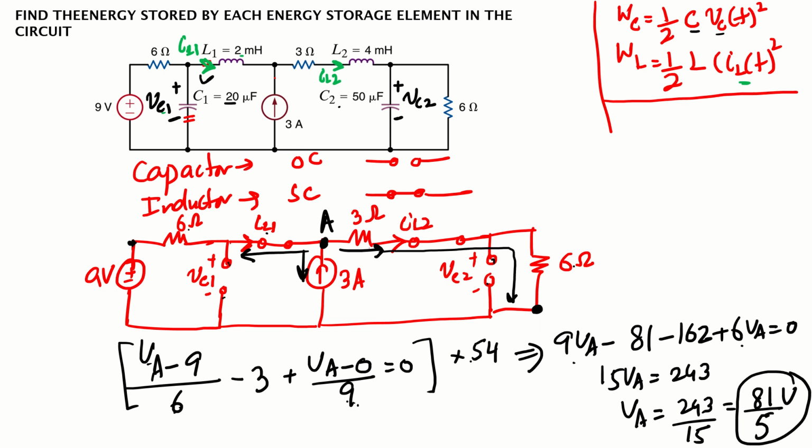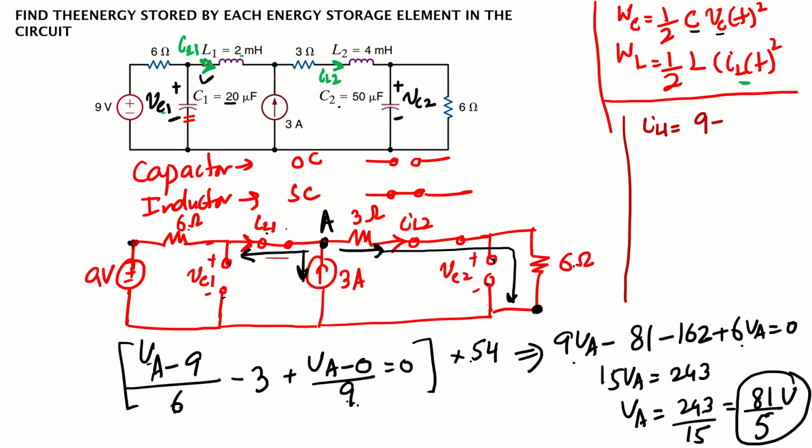If we know the voltage at this location, we can find the current, right? What is the current flowing through this? If we know this voltage, we can easily find IL1. This current will be this voltage minus this voltage, because the flow of current is this way.